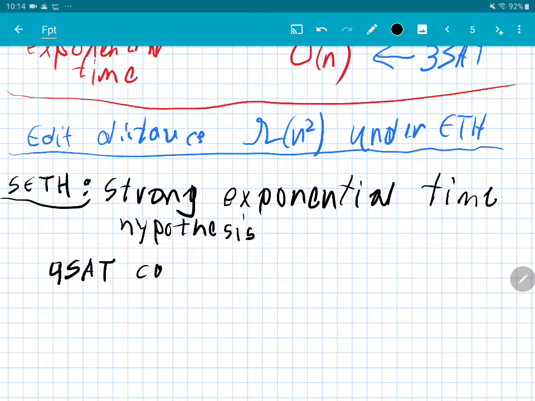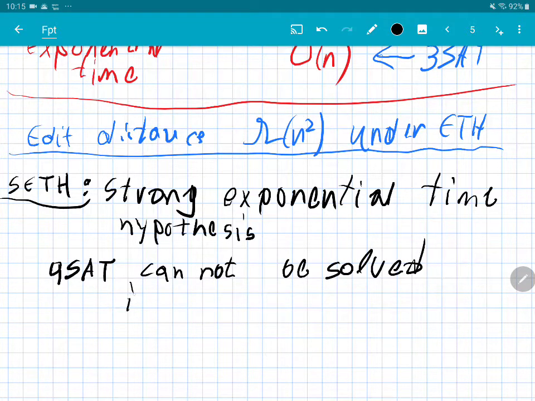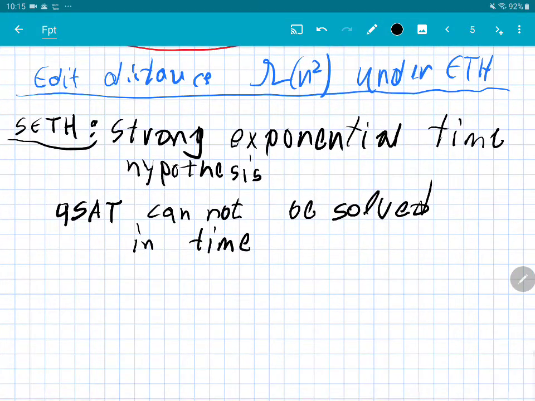QSAT cannot be solved in time 2 to the delta_Q of n faster.